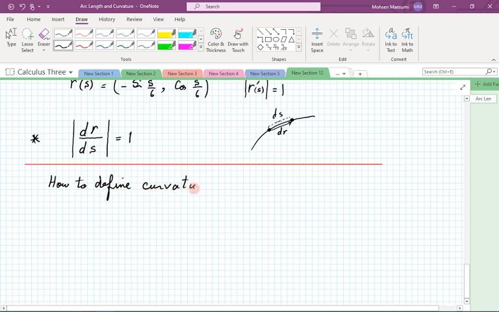curvature. So we said it's very intuitive that if I have these two curves in front of me, I can visually say, well, yeah, this is a tight turn, this is a wide turn, this is a small radius, this is a large radius. Then the concept of curvature is taken to be the reciprocal of the radius.